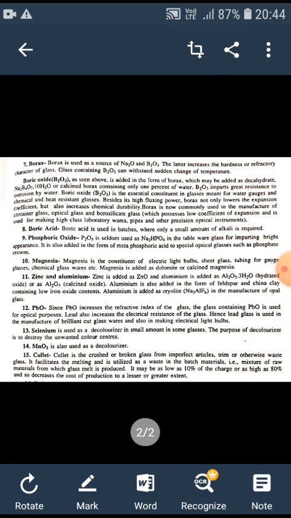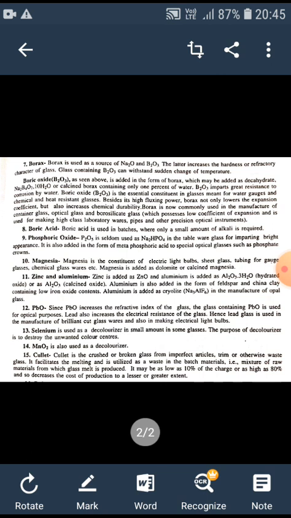Selenium. Selenium is used in very small quantities, but it is an important raw material as it is used as a decolorizer in some glasses. The purpose of a decolorizer is to destroy the unwanted color centers. Manganese oxide is also used as a decolorizer.